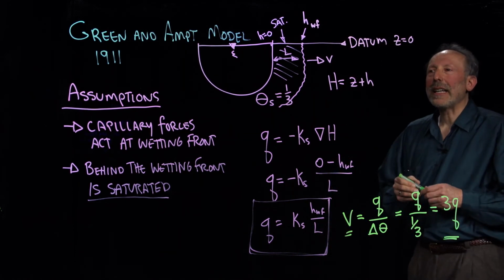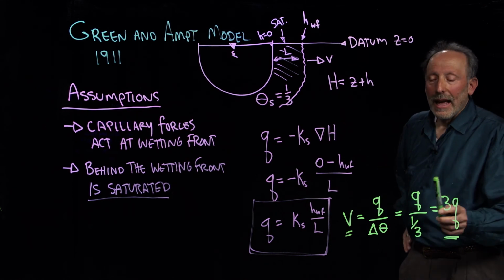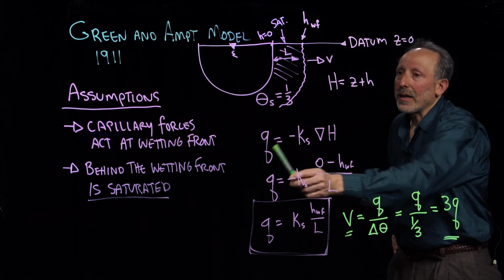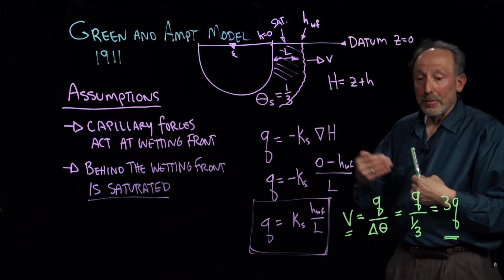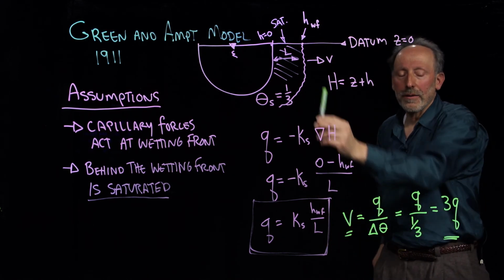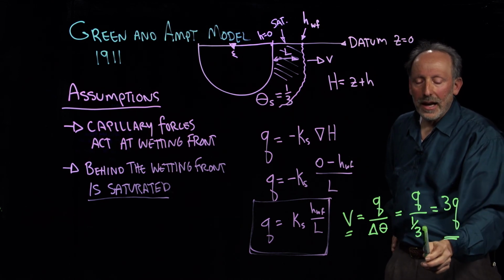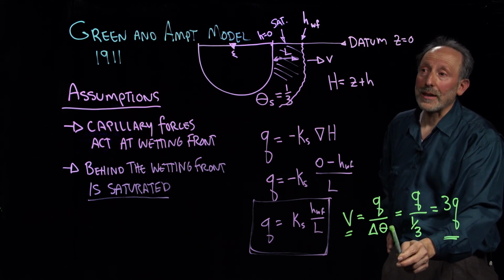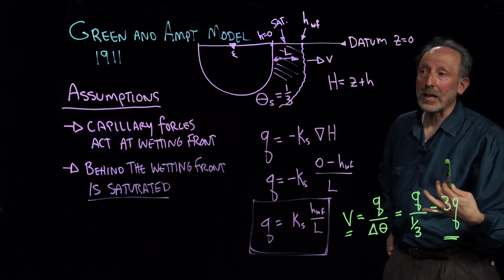So be very careful to remember that although flux has units of length per time, the true velocity of this wetting front is that flux divided by the change in moisture content. And so in this case, it's 3 times higher.